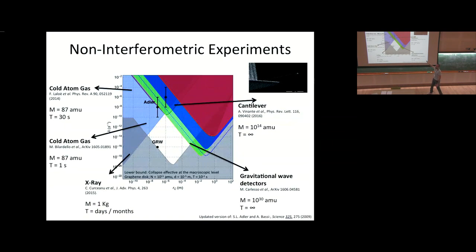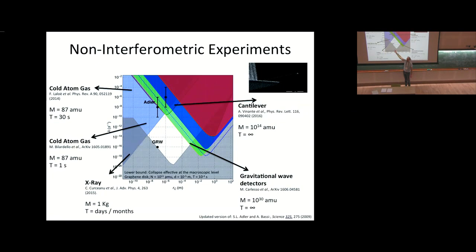So first it's nice because now the exclusion zone is a finite region, so we know where to look. The other nice thing is that basically all these bounds came for free. We just analyzed data coming from other types of experiments. So now it becomes interesting to make a dedicated experiment and to go and look there.